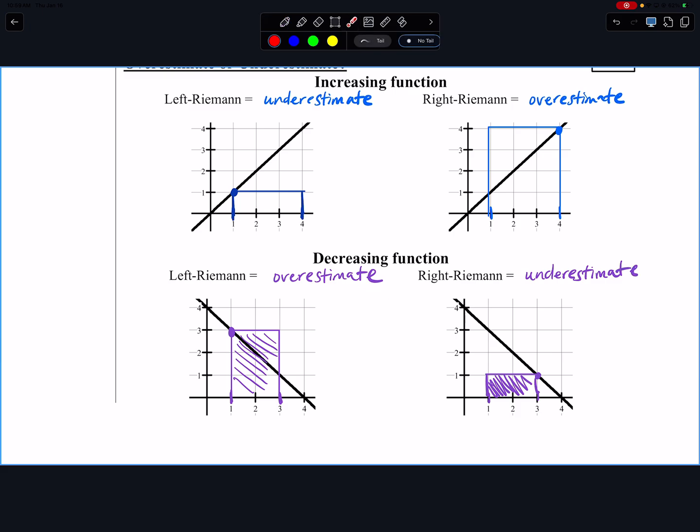Like I said, if you can't remember these rules, if you know your function's increasing, for example, just draw an increasing function and then draw a rectangle, and you will see whether it's an overestimate or underestimate. It's pretty straightforward.